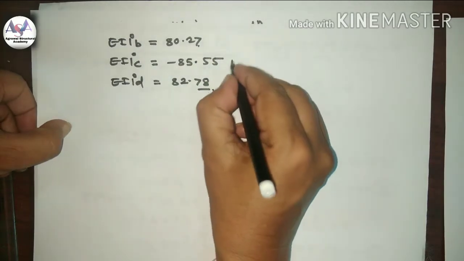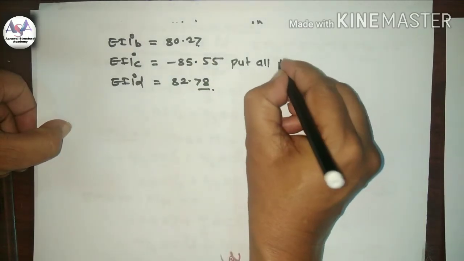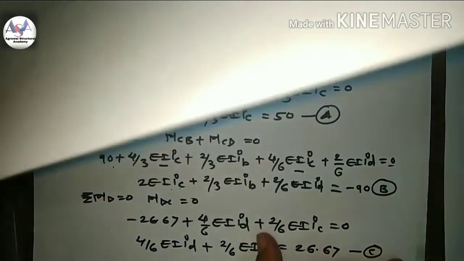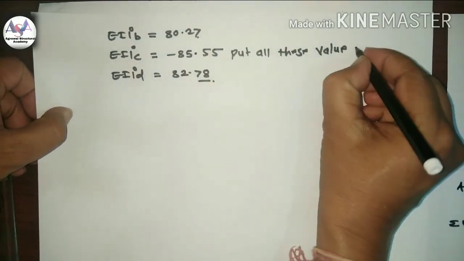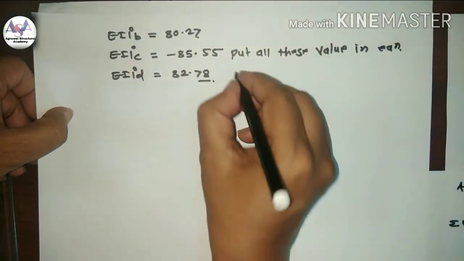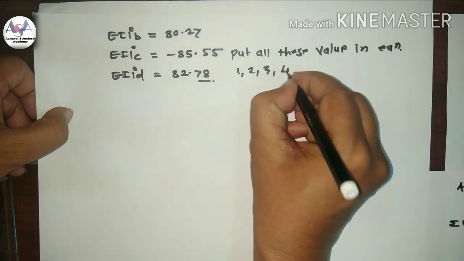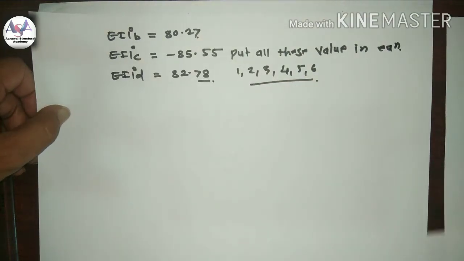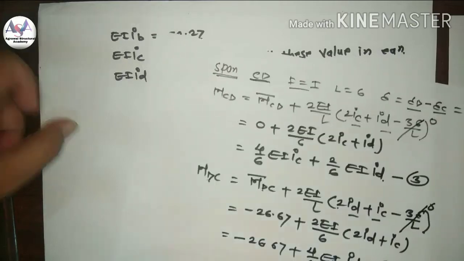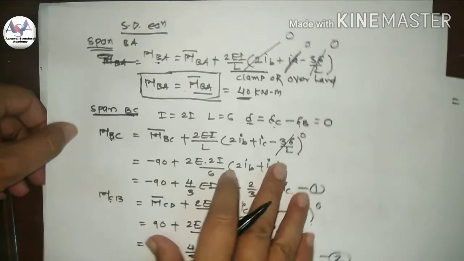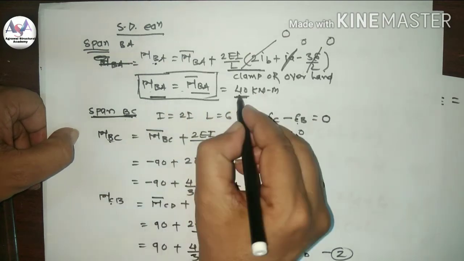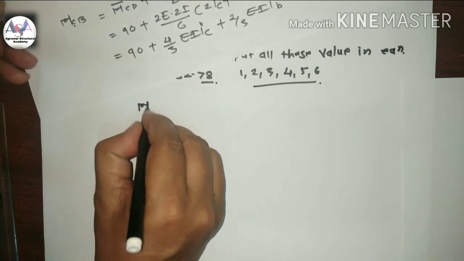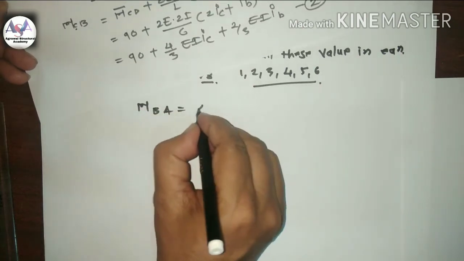Now put all these values in equations 1, 2, 3, 4, 5 and 6, which are the slope deflection equations. So for BA we got the value directly, 40 kilonewton meters. So M_BA is directly 40 kilonewton meters.